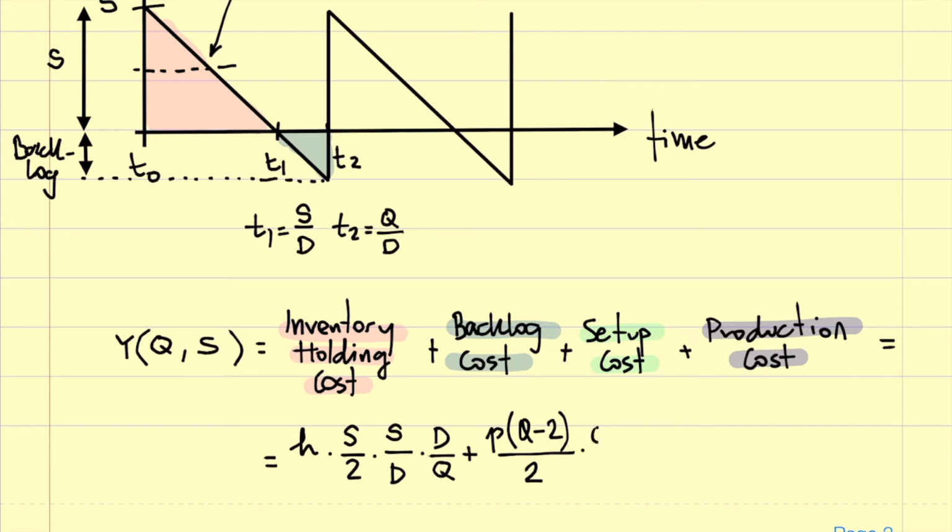Okay, and then again, Q minus S divided by 2, average backlog level, times Q minus S divided by D times D divided by Q. And the rest is the same as before.